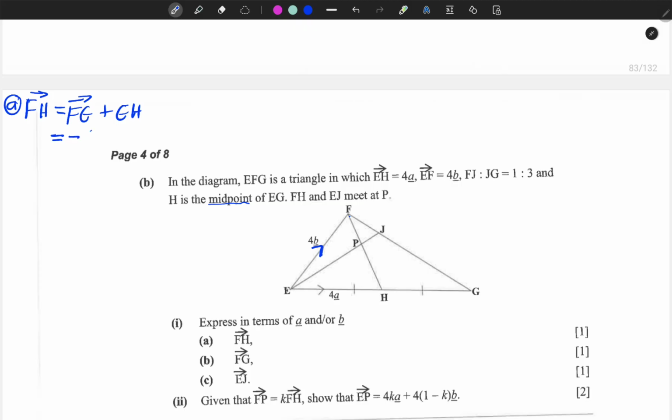This becomes negative 4B. Now from E, we have 4A, and we are going toward the arrow, so the vector is positive 4A. This is our answer, but we can begin with the positive term, so 4A minus 4B. This is our first vector. We move on to question B, FG.